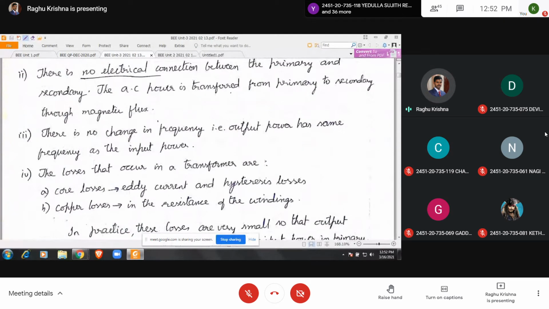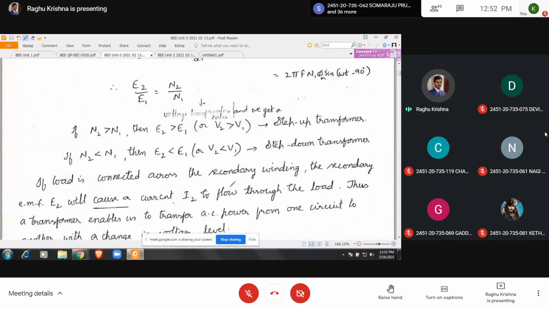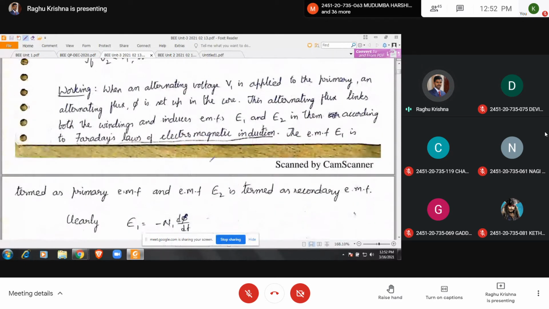Directly you can write: when alternating flux links with a coil, EMF is induced in the coil. The induced EMF is known as statically induced EMF. In a transformer you cannot find any rotating parts.